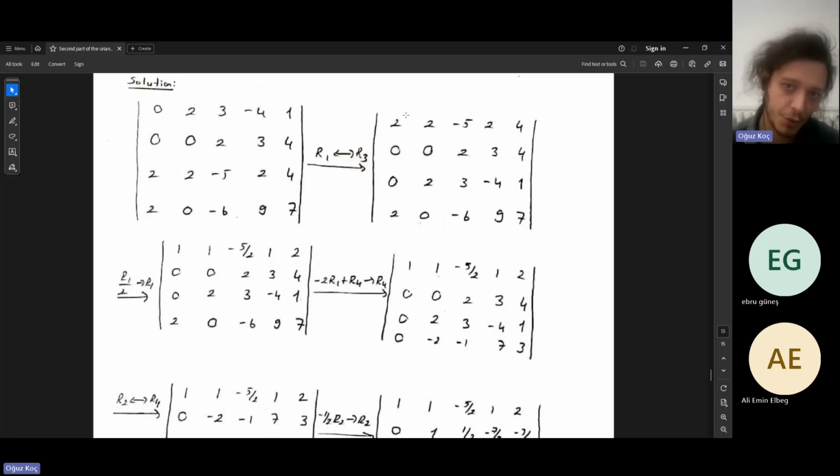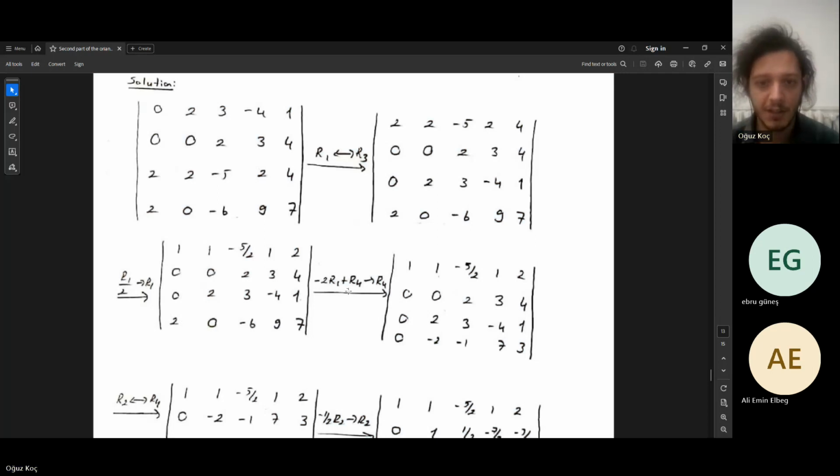As you can see, when you divide the first row by 2, it becomes 1, it also becomes 1, it's -5 over 2, it becomes 1, it becomes 2, and we have a leading value here, but the 2 value has to be 0 here.